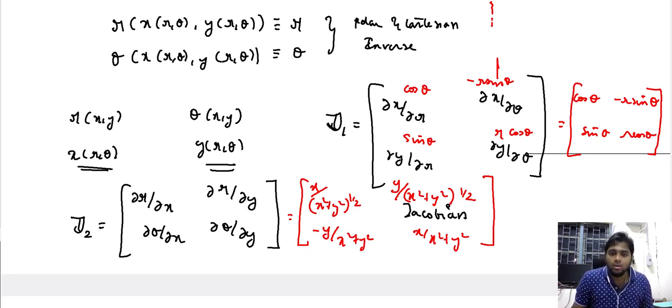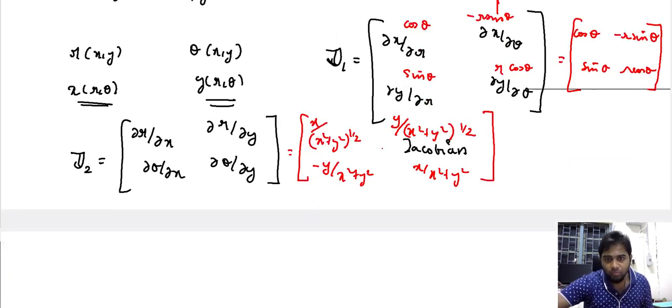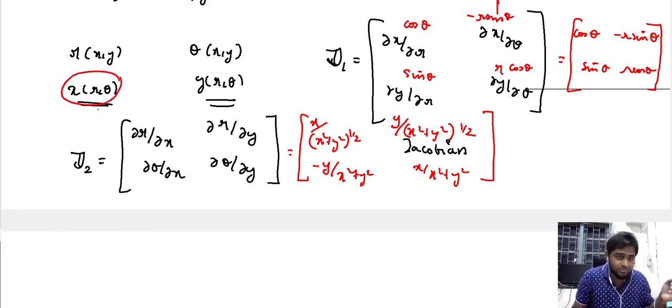Now it is possible for us to replace x and y in terms of r and theta. We have expressions that relate x to r and theta and y to r and theta. So x is nothing but r cos theta and y is r sin theta.